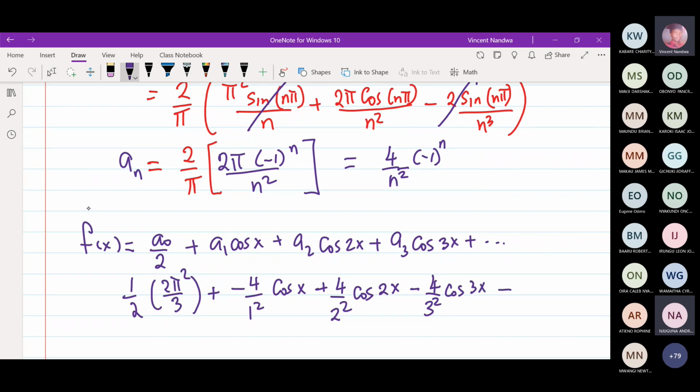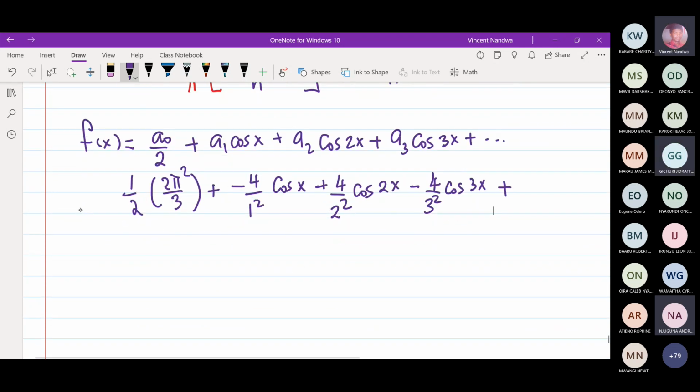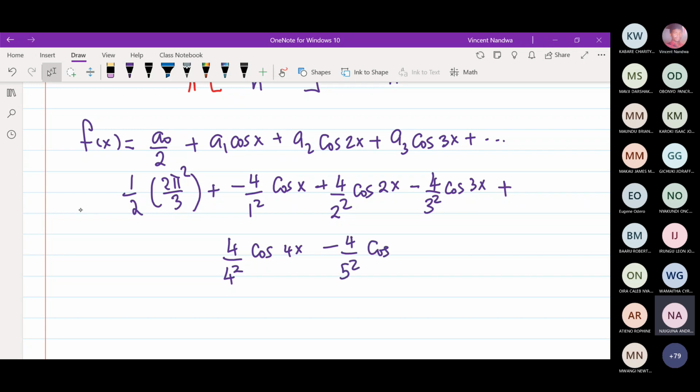Then the next will be positive: 4 over 4 squared, cosine of 4x. Next term will be -4 over 5 squared, cosine of 5x, plus other several terms.